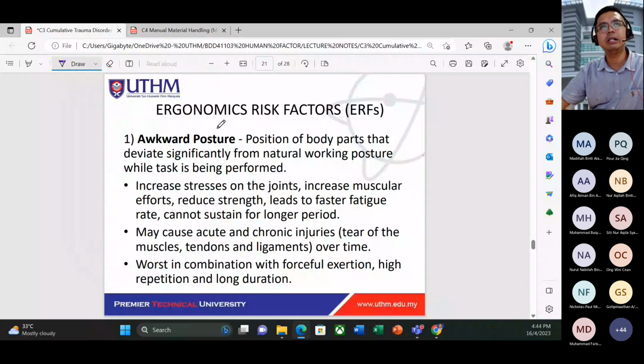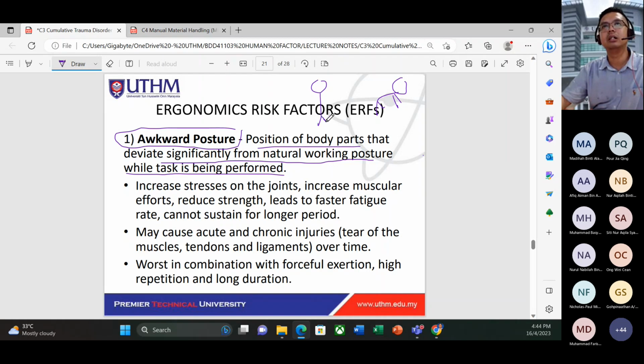So what is awkward posture? It is the position of the body part that deviates significantly from natural working posture while performing a task. For example, bending posture, reaching posture over the shoulder, and back twisting.